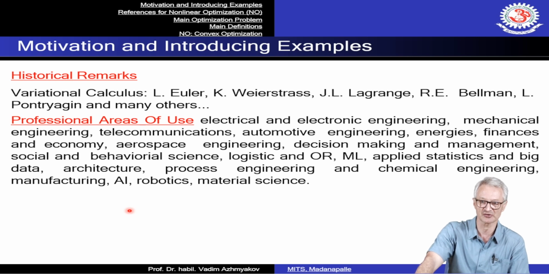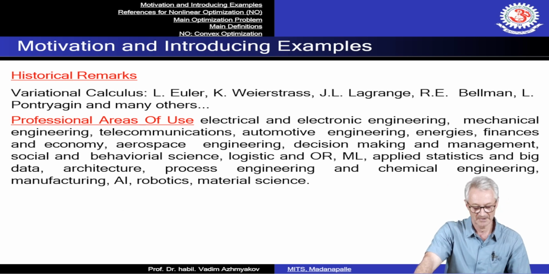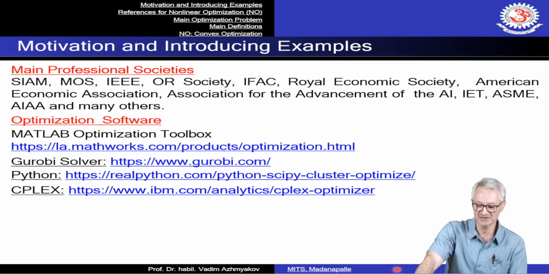For example, in robot dynamics, we always need to optimize the robot trajectory and the robot dynamics itself to make mission planning for robots such that the dynamic behavior of the robot will be optimal. And of course, this means that optimization constitutes a necessary tool for many modern engineering techniques.